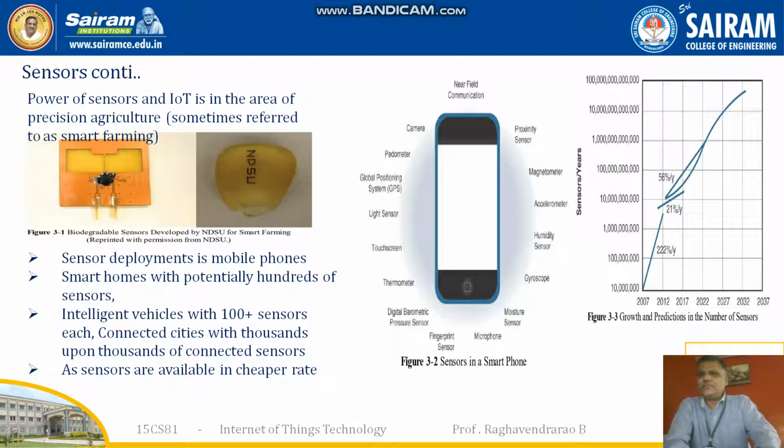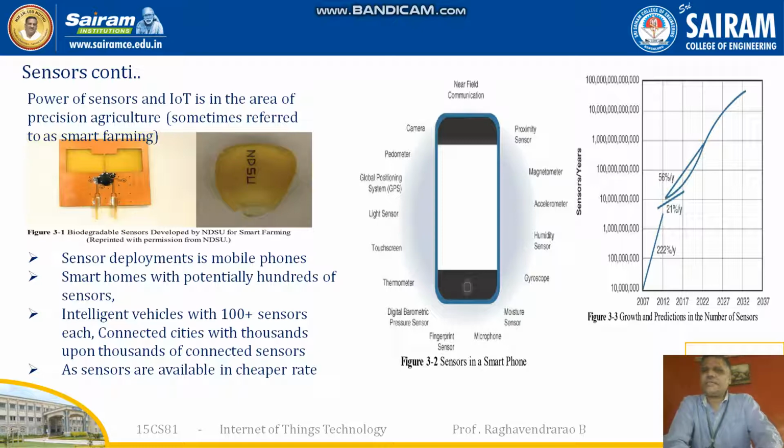Then we have a microphone. Then fingerprint sensors are there on the back side of the phone. And digital biometric sensor is going to be there. Then thermometer. These things are going to get connected.